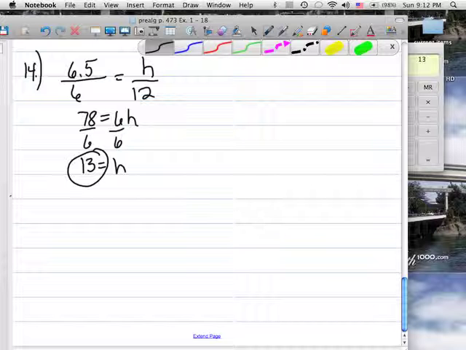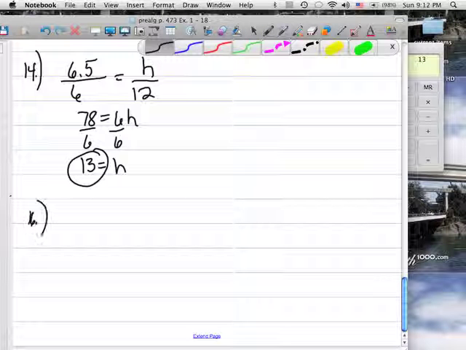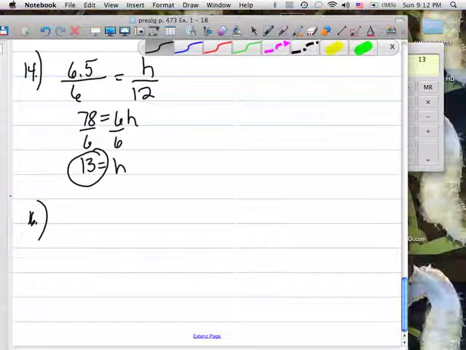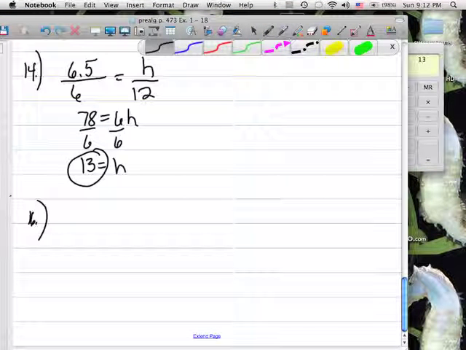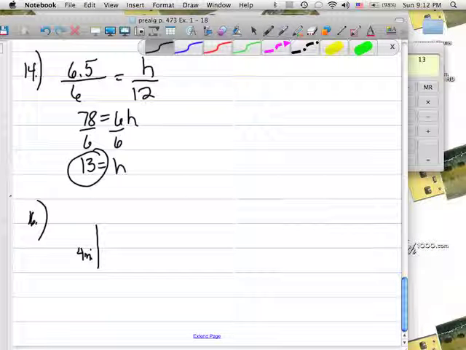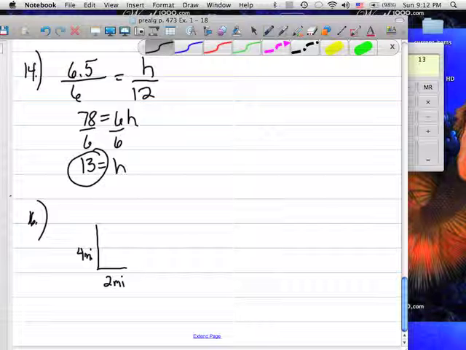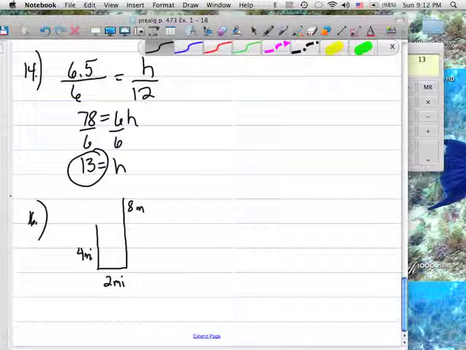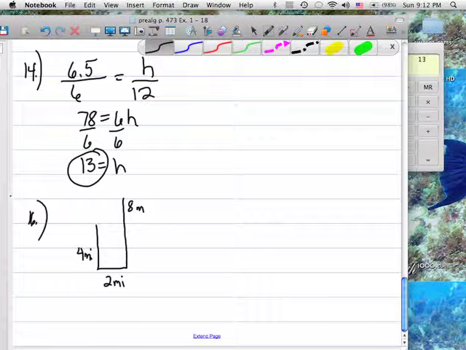And 16, solve by drawing a diagram. Sarah hiked 4 miles south, 2 miles east, 8 miles north, and 2 miles west.